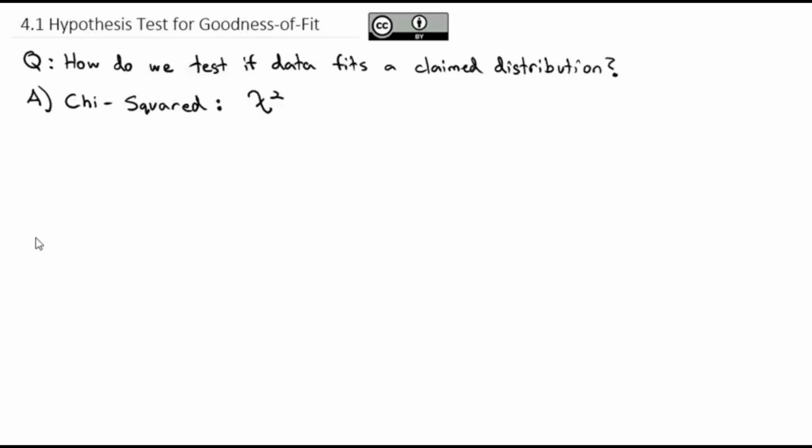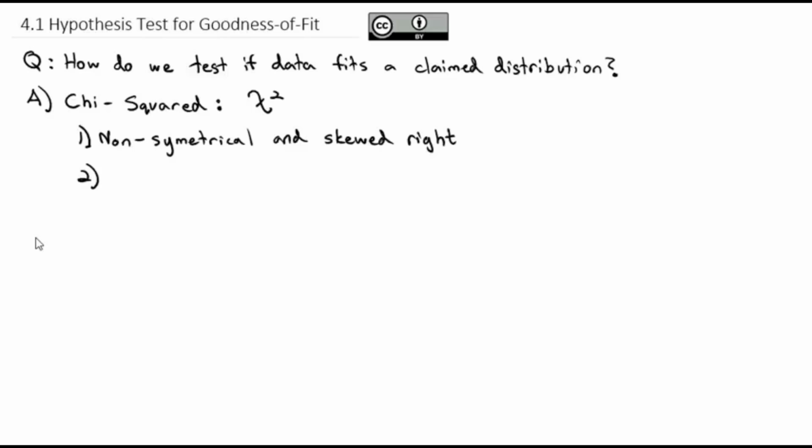And this chi-squared distribution has a few characteristics. It is a non-symmetrical distribution, and it is skewed right. So unlike the normal and the t-distribution, which are perfectly symmetrical, the chi-squared is skewed right.